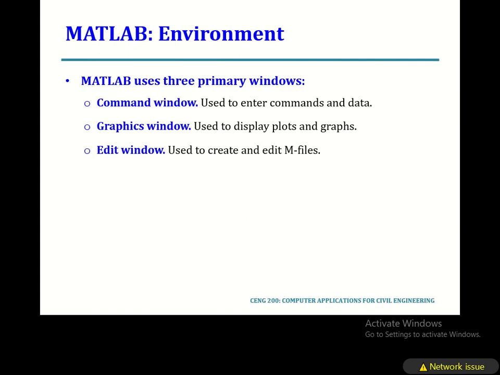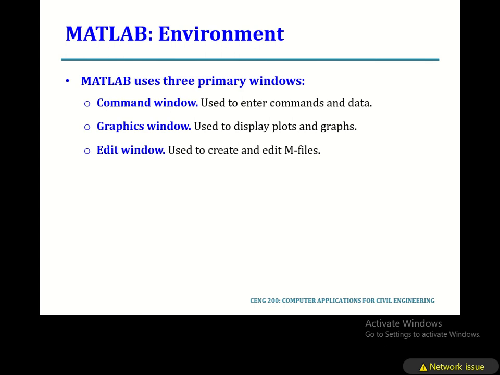So there are three main windows: command, graphics, and edit. Command window I already showed you, right? Then we have the graphics window. This window will appear when you plot a graph. Now it's not there. But when you plot a graph, there will be a pop-up window, and in the window you will see the graph. And the edit window, again, it's not there.